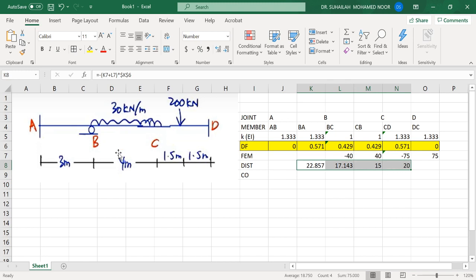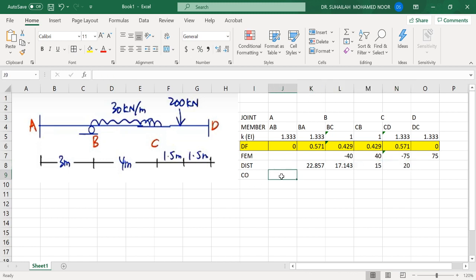Because A and D are fixed, and the internal joints are also fixed, all factors for this one are 0.5, and we have to carry to the opposite joint. That means if it is B, it must cross boundary. B and A, it must cross boundary. Between B and C, it must cross boundary. C and D, we must cross boundary like this.